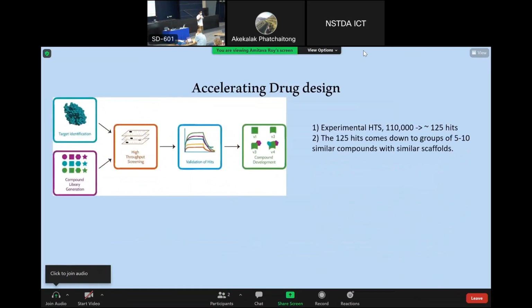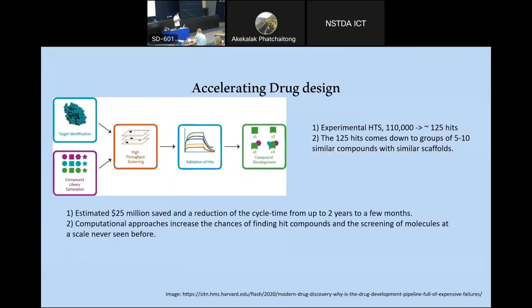And when I'm saying accelerating, that means we are reducing the burden on the experimental side. We are reducing the burden on the assays and so on. So in a typical experimental setup, if you start with, let's say, 100,000 compounds you have to synthesize, you will end up with roughly 125 hits.